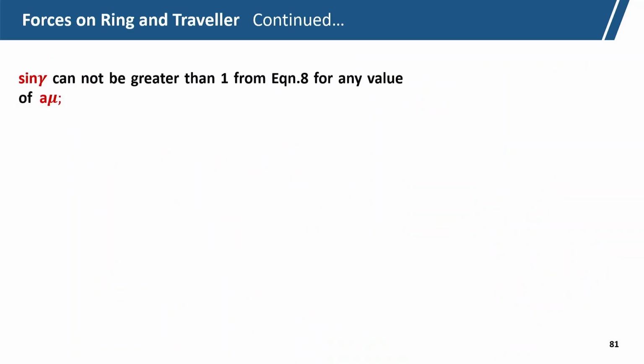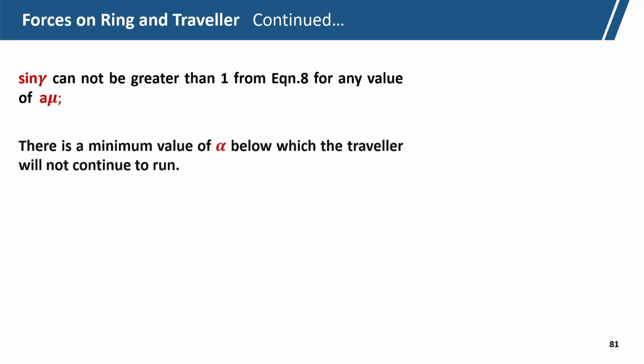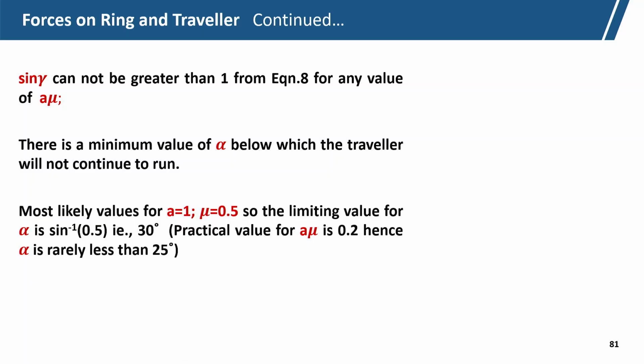Sin alpha sin gamma cannot be greater than 1 in equation 8 for any value of a mu. So, there is a minimum value of alpha below which the traveller will not continue to run. Most likely the value of a is 1, mu equal to 0.5.